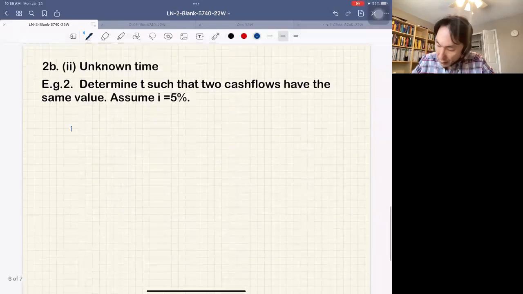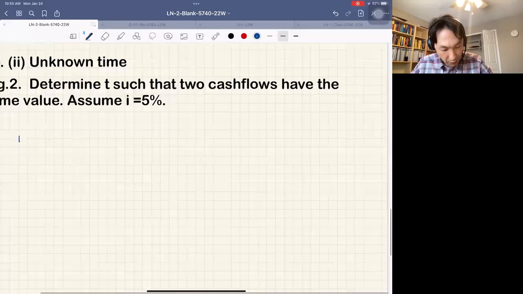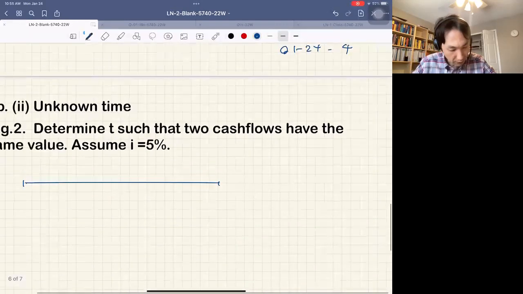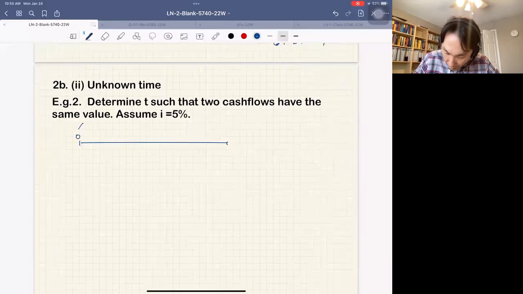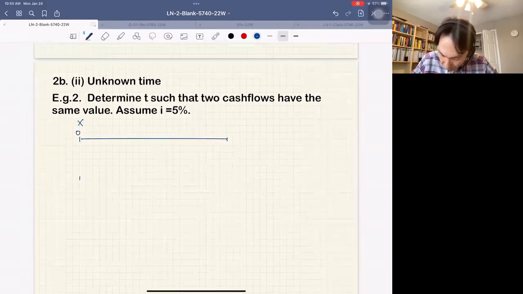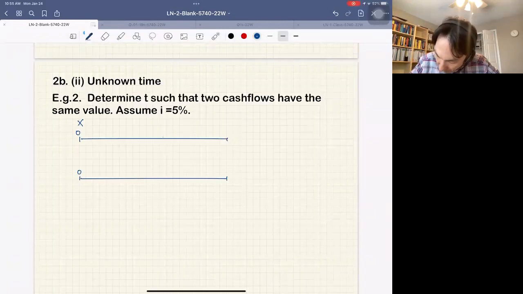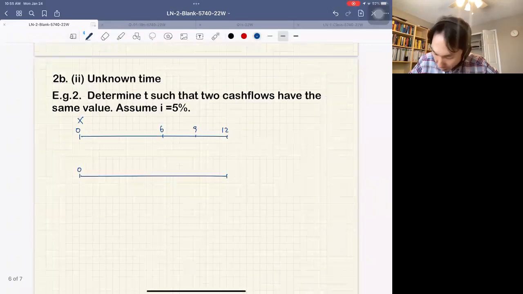So think about we have two cash flows. Maybe two people have the same amount at time 0, X dollars. The first person withdraws $10 at time 6, $30 at time 9, and $40 at time 12.